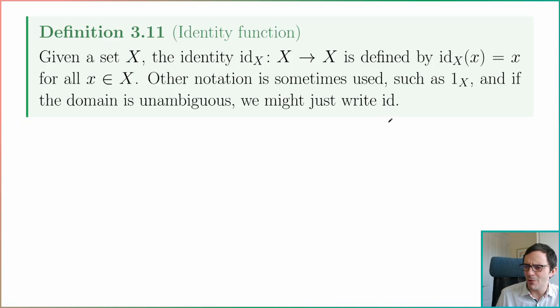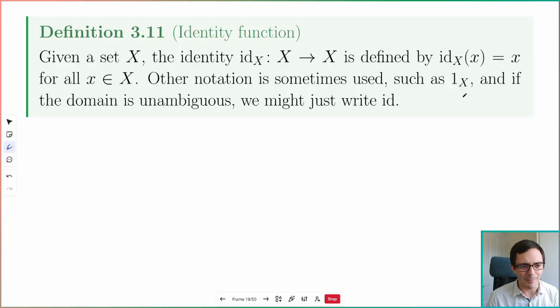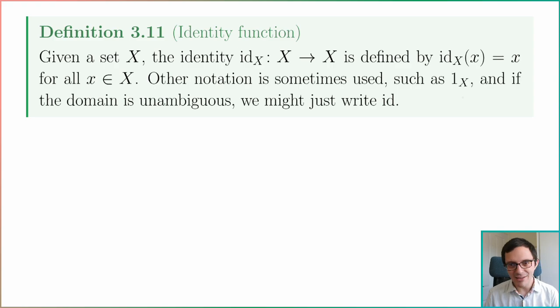Sometimes people write one subscript x, but I feel a bit uneasy whenever I see a number with a subscript. It feels to me like something's definitely gone wrong, but that is something that people write sometimes. So that's the identity function. I just thought I'd throw in two definitions at the end of functions that you can build quite generally.